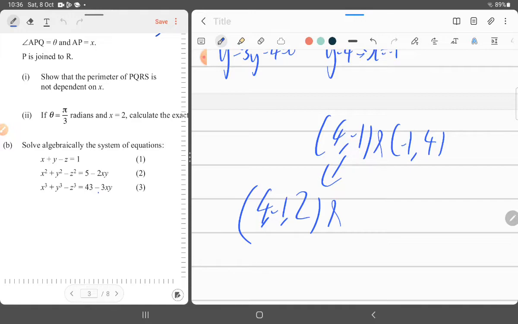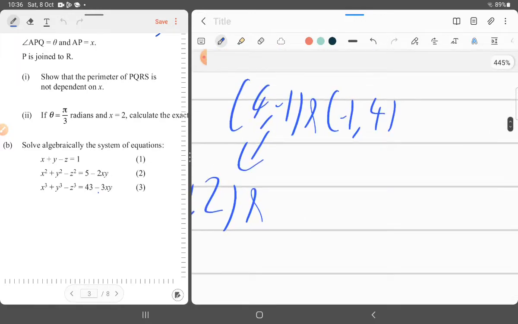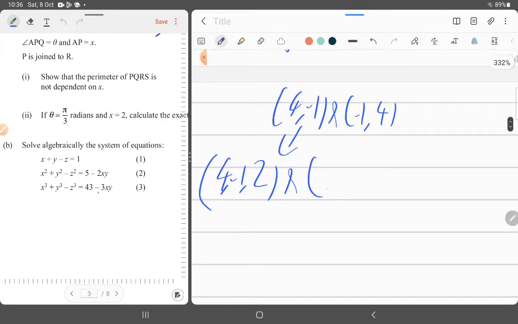Are there supposed to be 3 solutions? There might be 3 solutions instead of 2 since it's a cubic. And actually no, there shouldn't be. Okay, no, there should be.